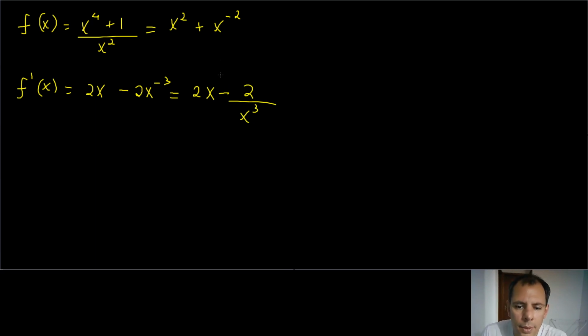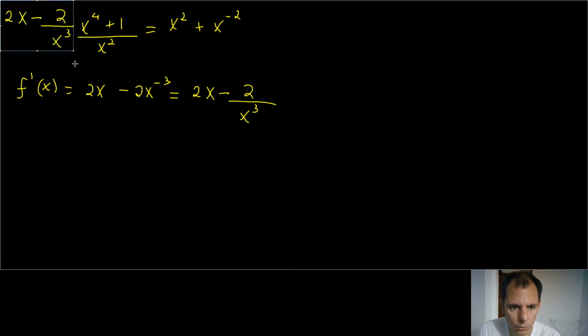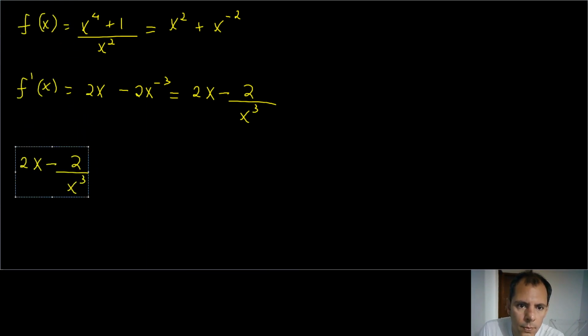And you're going to find out when this is 0. So I'm just going to put x cubed in here, and I have to multiply this thing by x cubed, so it's x to the 4th.